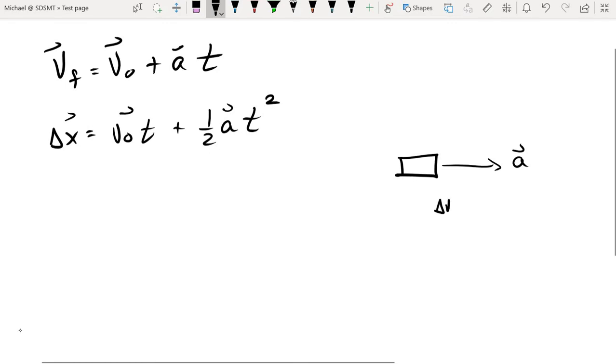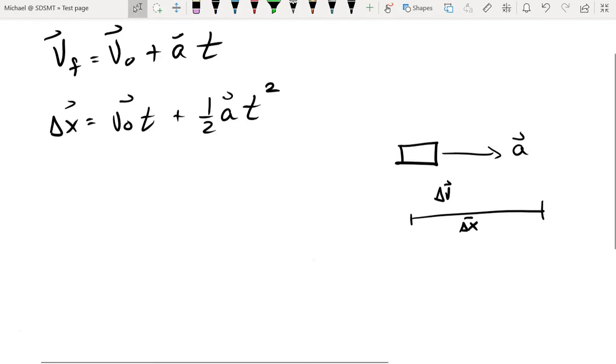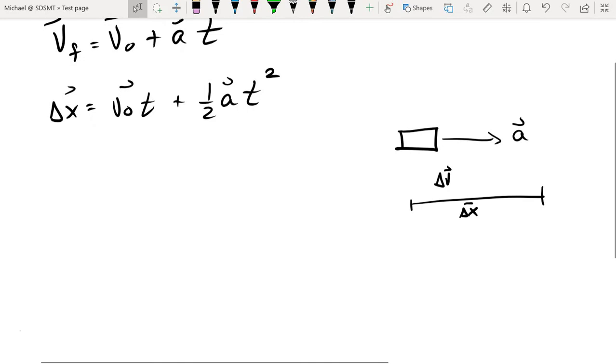What's going to cause it to change its velocity? What's going to cause it to move throughout a given displacement? And so that's what the next part of the class is focused on. And that something which is causing all of this to happen is what we're going to call force.